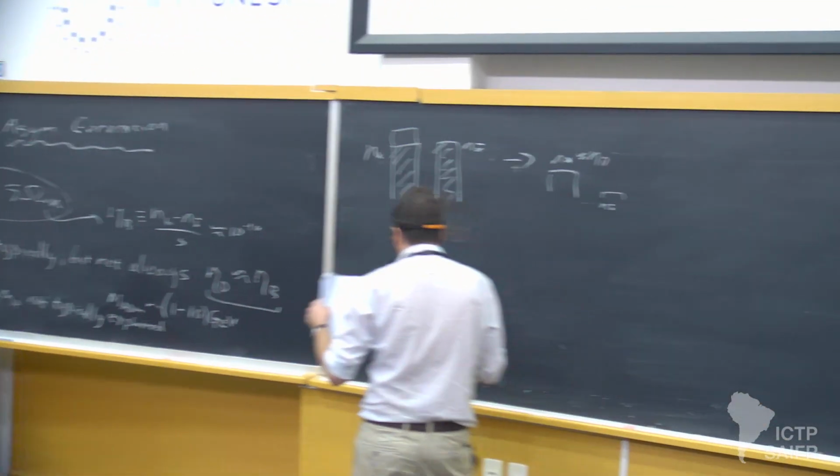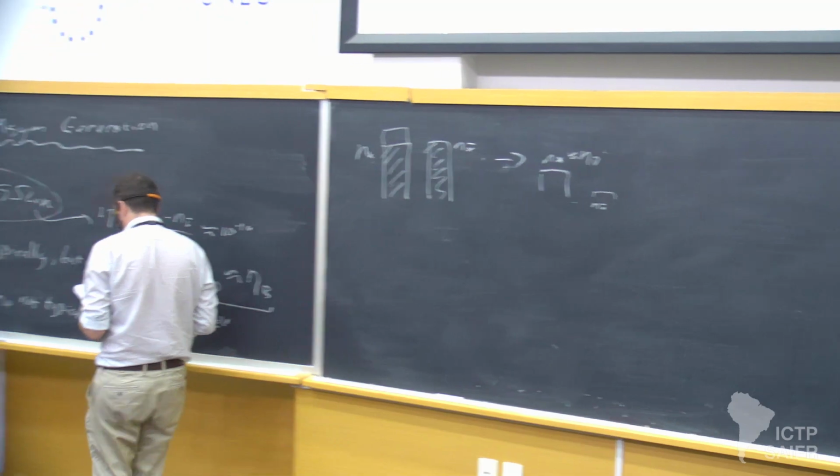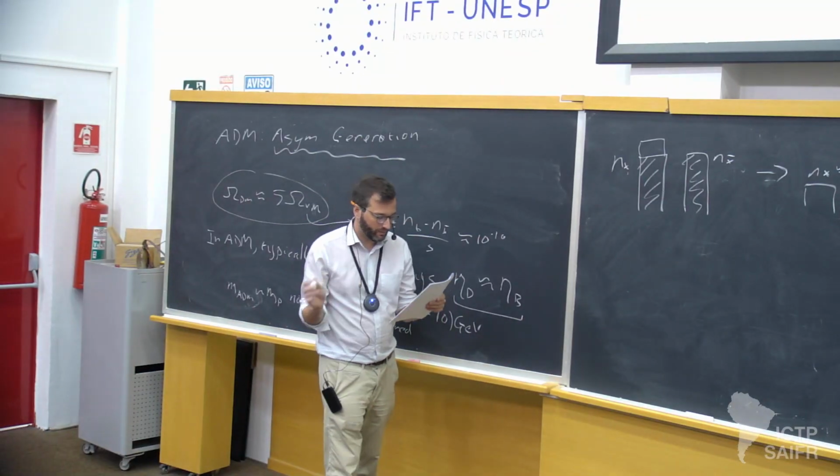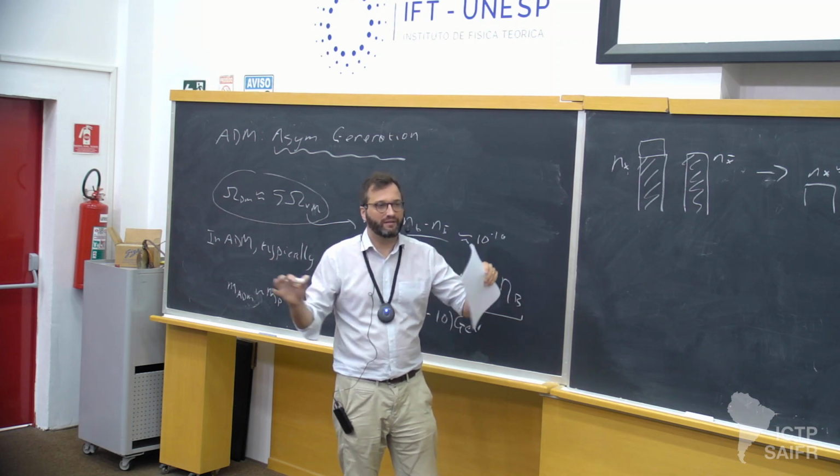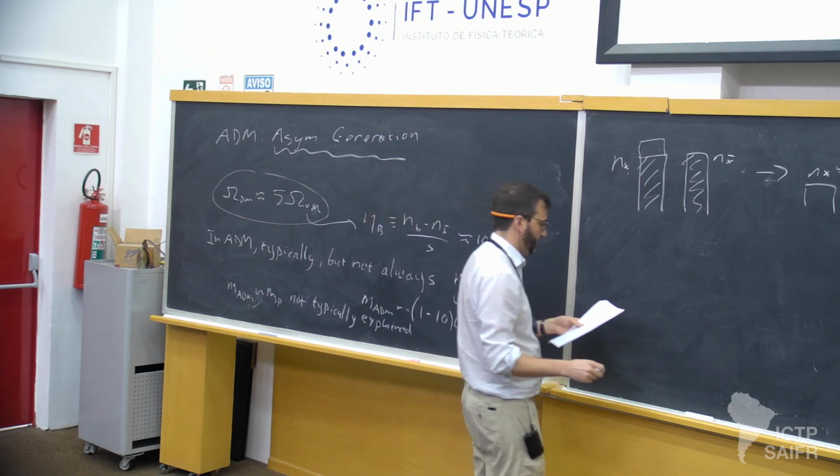Now we have to try and group together different ways of generating this asymmetry.